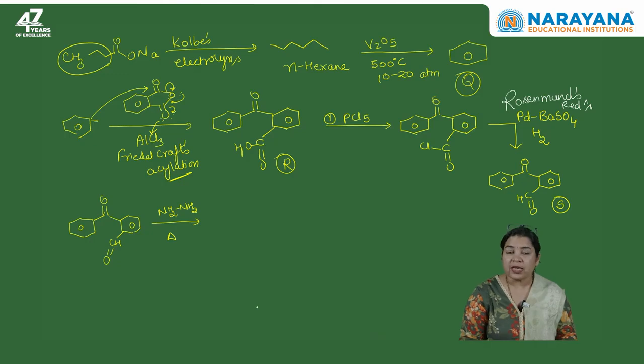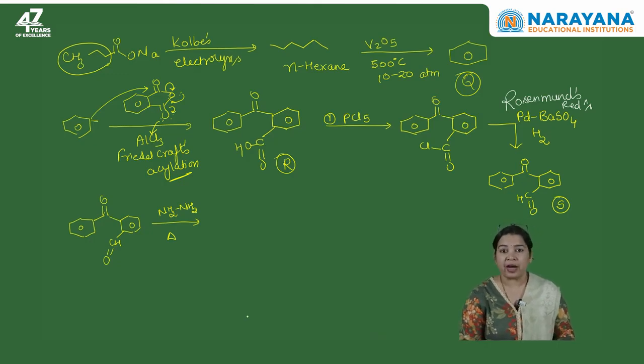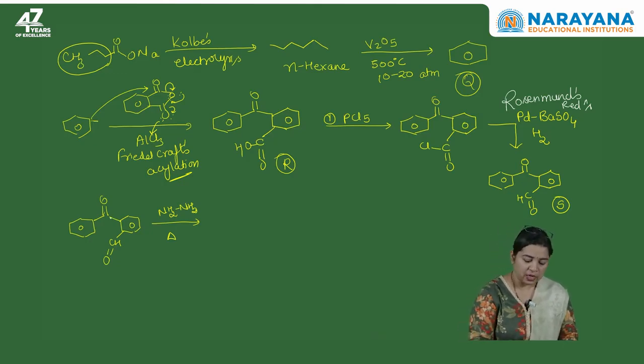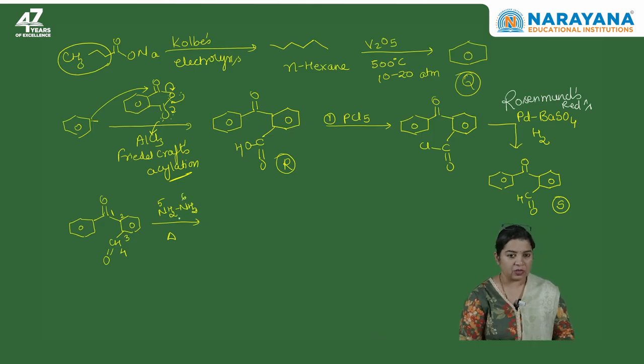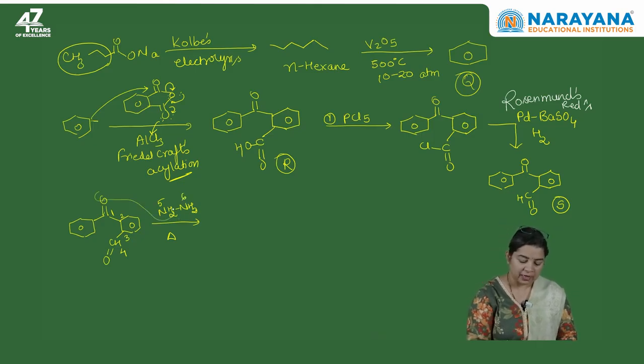Then what is it? Ammonia derivative addition reactions, right? So 1, 2, 3, 4, 4 carbons, 5, 6. The two NH2 groups will add, one here, the other here, like this. Okay, so what will I get?